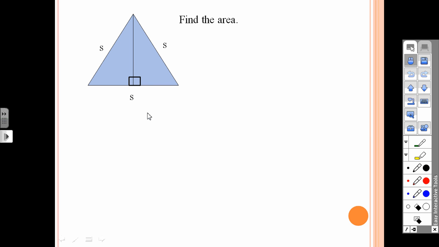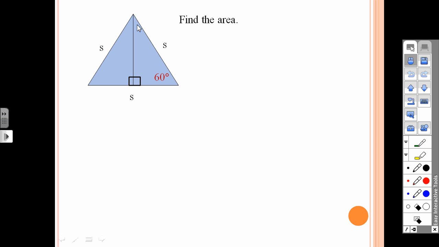The other piece of information that we do know is that each of the angles in an equilateral triangle are going to be 60 degrees. So this angle right here is 60. And by extension, that means that this angle up here is going to be 30. So there's two ways to think about what the length of this side of the little right triangle is.